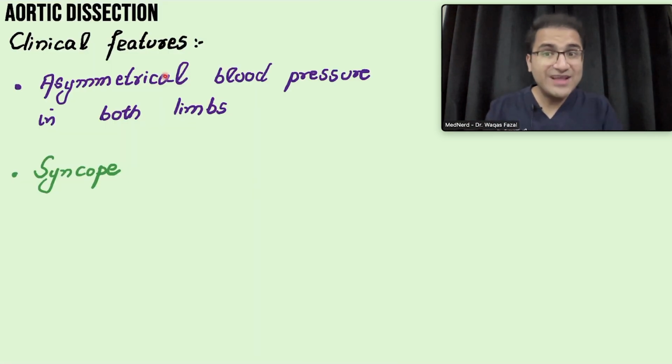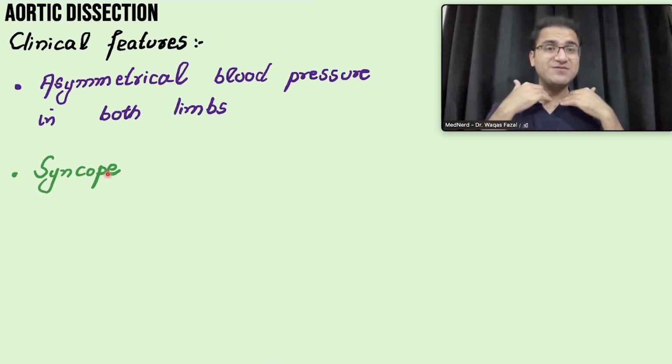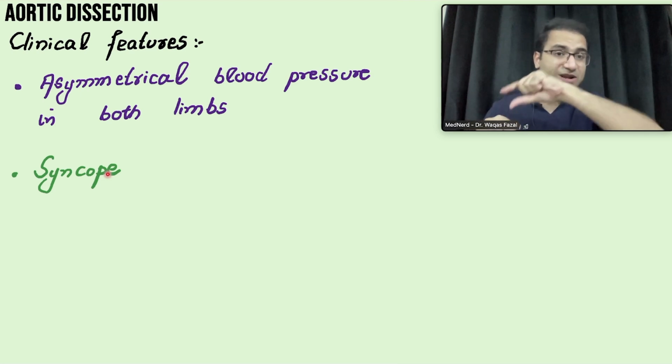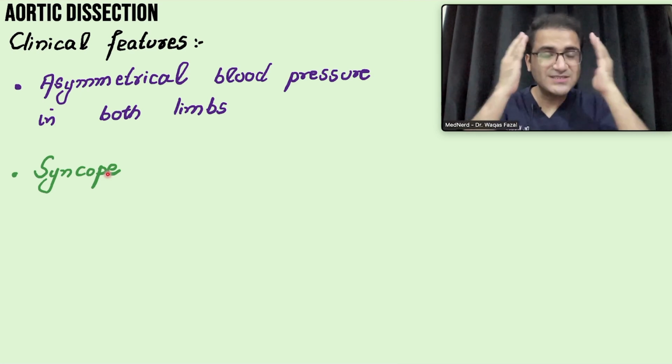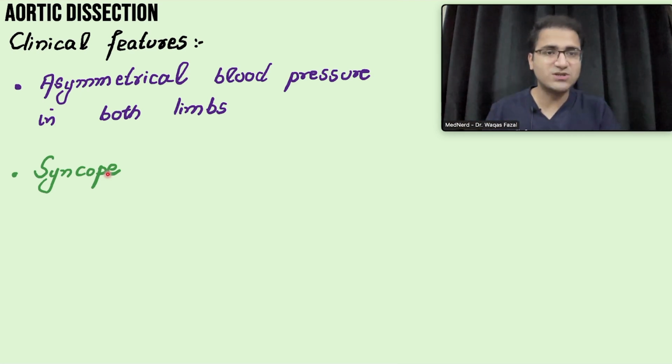Now you know why there is asymmetrical blood pressure in both limbs. The patient can have syncope due to hypotension. The patient can have syncope because the aortic dissection might have involved the carotids and blood flow to the brain is also blocked.